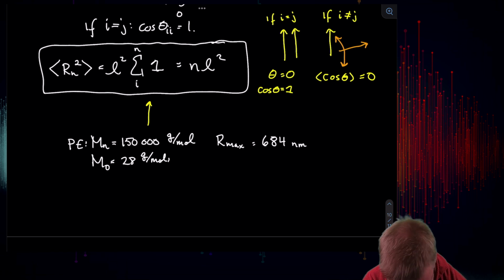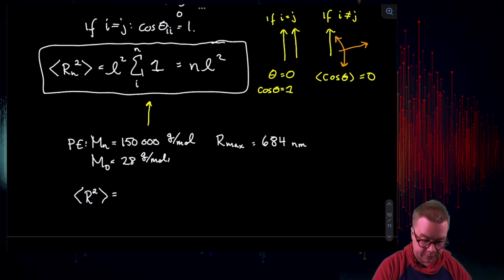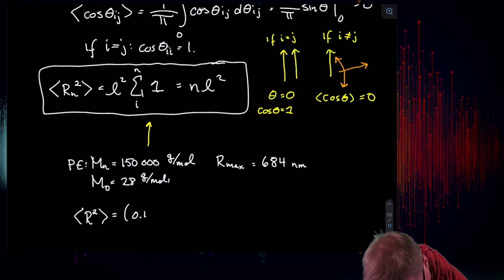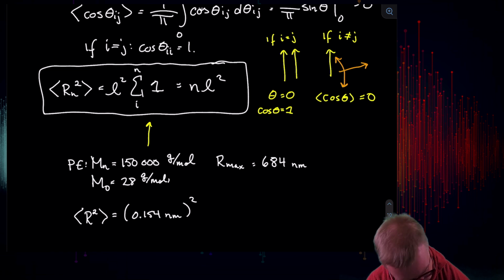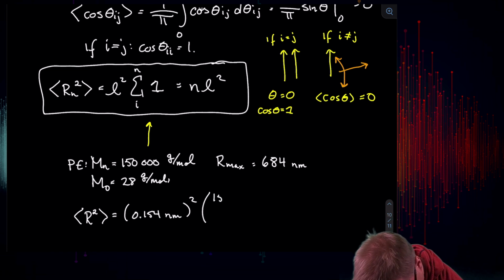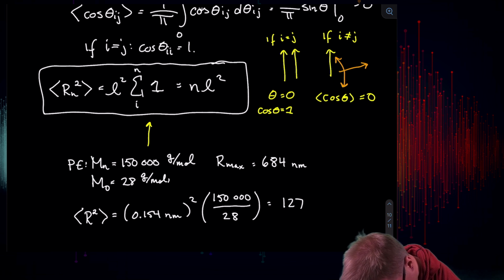Now, if we wanted to calculate its mean squared end-to-end distance, then we can substitute this in. We've got L squared, so 154 nanometers squared, multiplied by N. N is just the molar mass of the polymer divided by the molar mass of the monomer. This would be 127 nanometers squared.